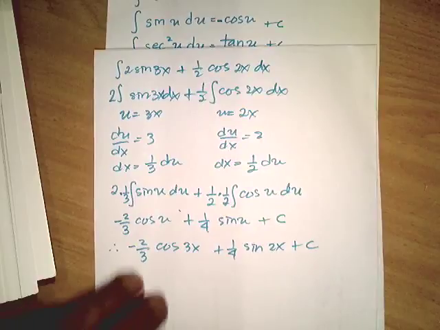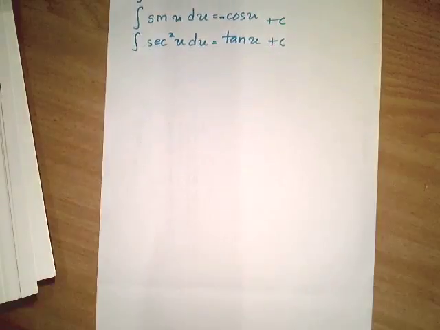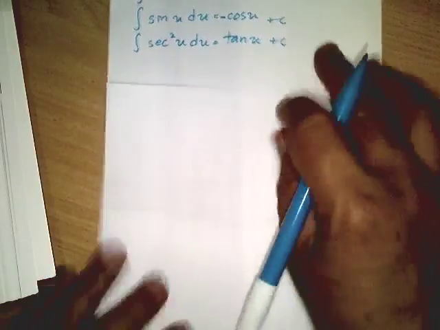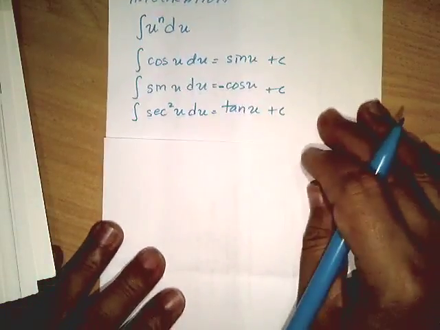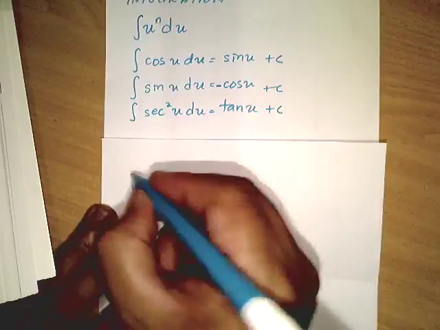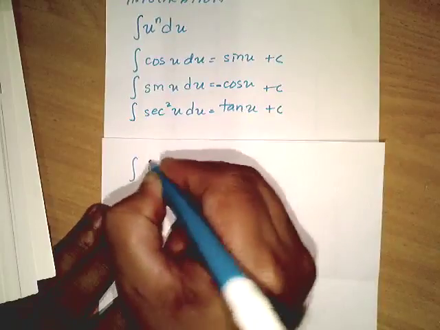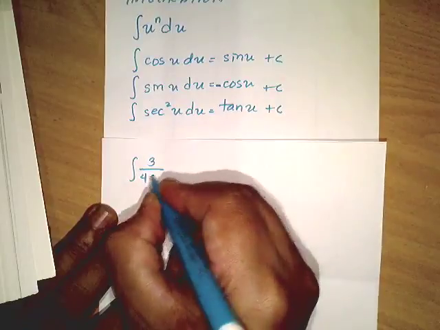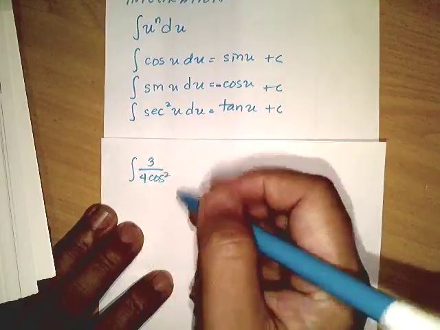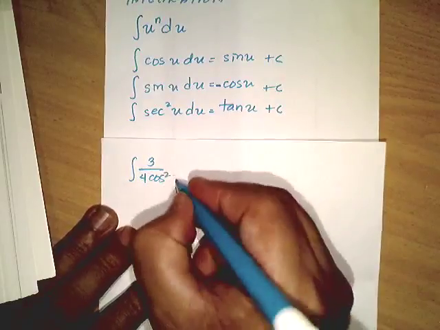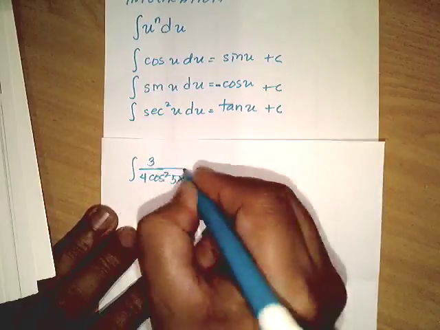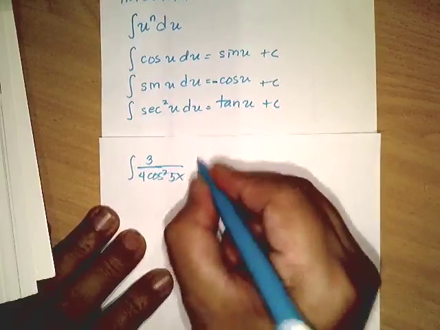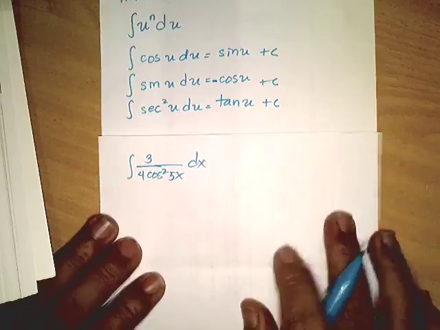Let's write one more example. Suppose that I have the integral of 3/4 cosine squared of 5x with respect to x.